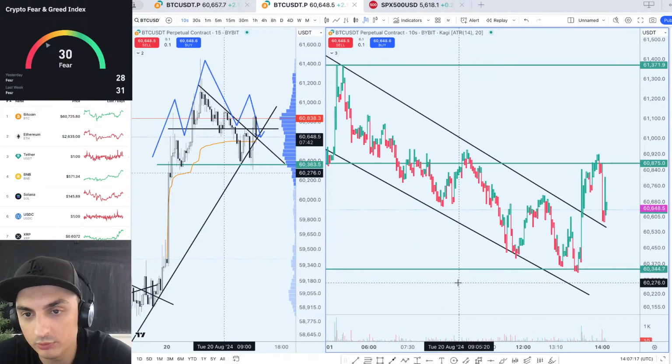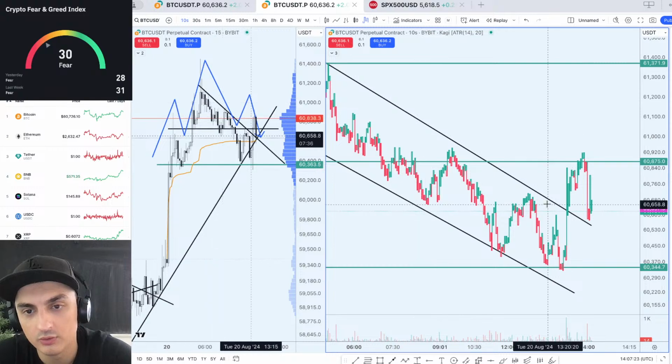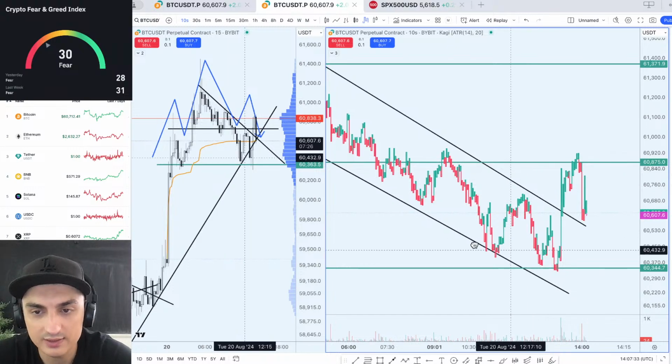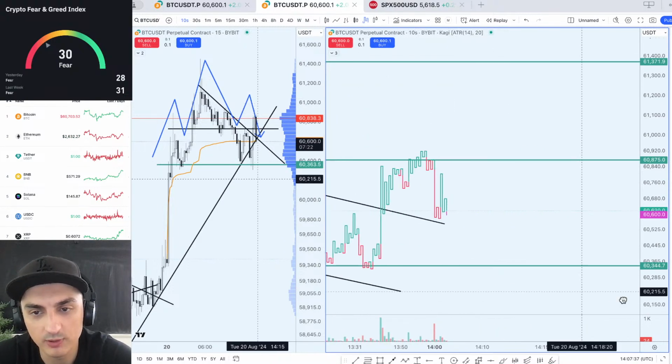Some people understand that it is going range bound when it's just about to make the range. I'm not feeling this, and that's why I'm not trading the range bound markets.